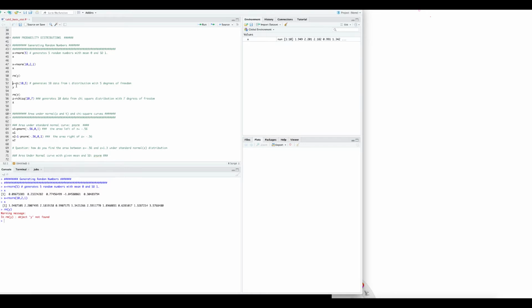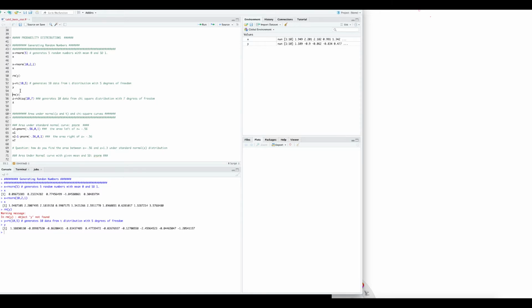These are 10 random numbers from a t distribution with degrees of freedom 5. When I do that, these are the random numbers from the t distribution, whose mean is 0, and the degrees of freedom is 5.